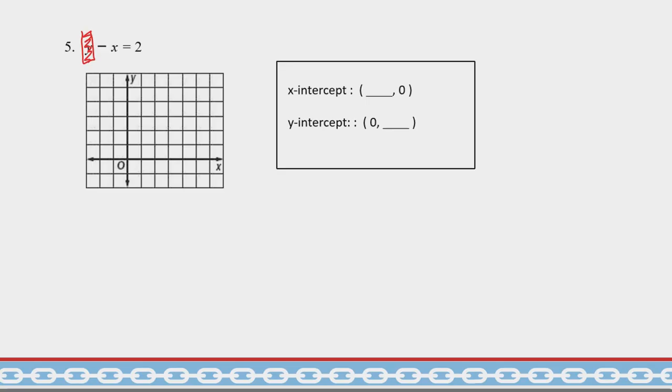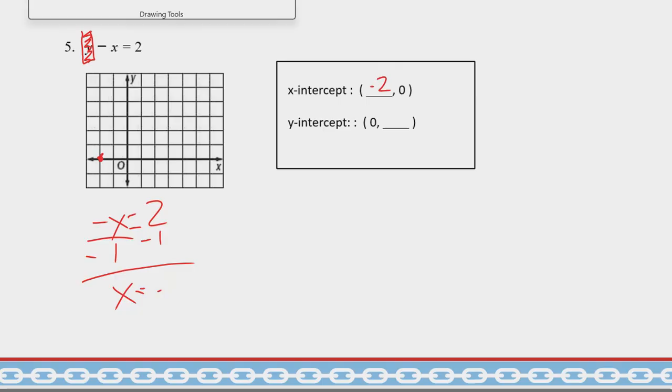So negative x equals 2, right? I divide away the -1. I get x equals -2. So my x-intercept is -2.